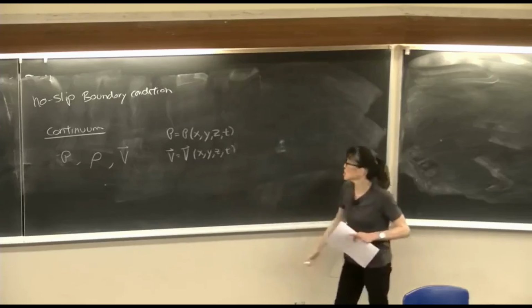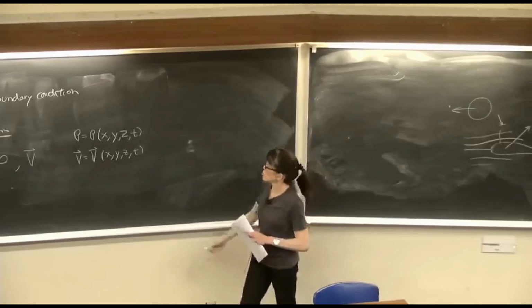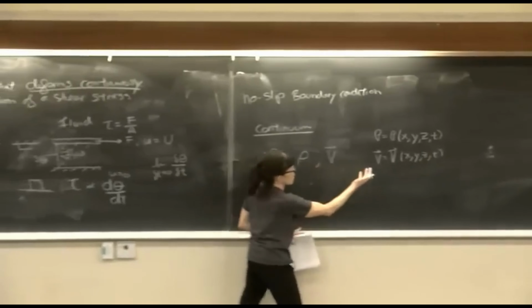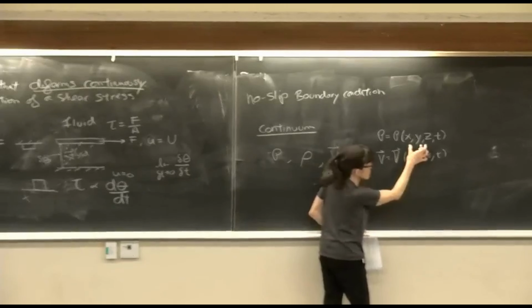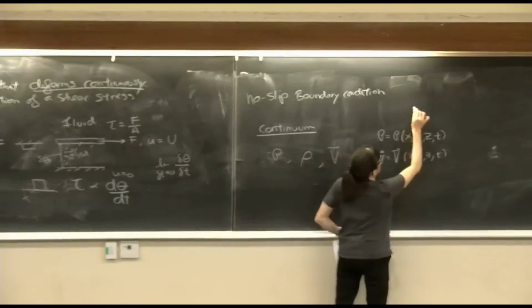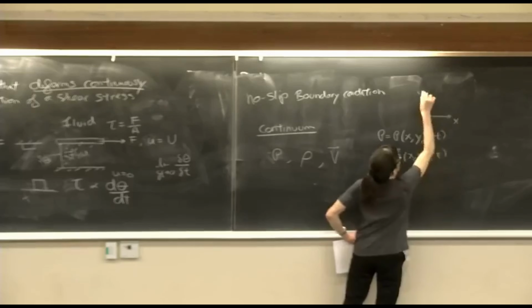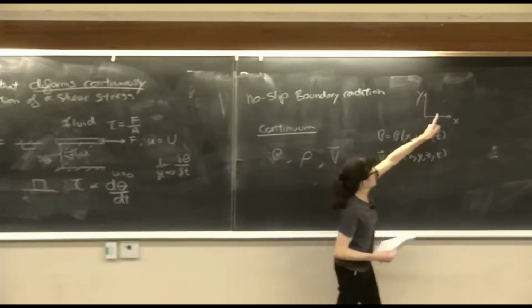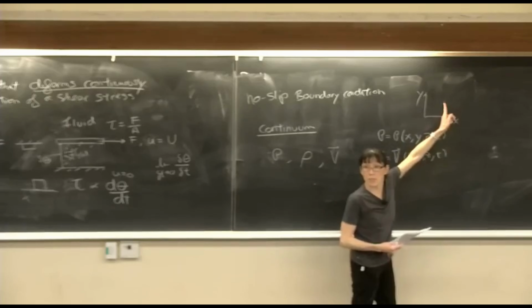Continuous variation. And so we can use differential calculus to describe this variation. And these properties, okay, can be evaluated at any point in space. Okay? So, if we have in 2D, any point in space, we can define the pressure at that point, the density at that point, the velocity at that point.